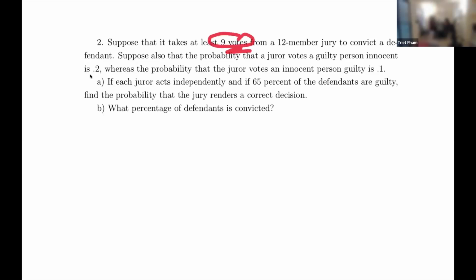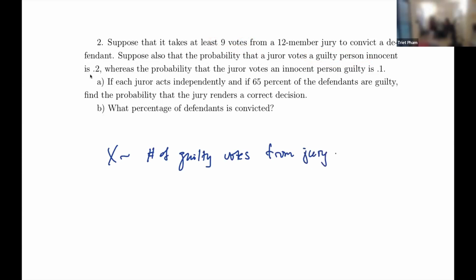So the number of votes, the number of guilty votes, you can call it that way, is the random variable we're interested in.